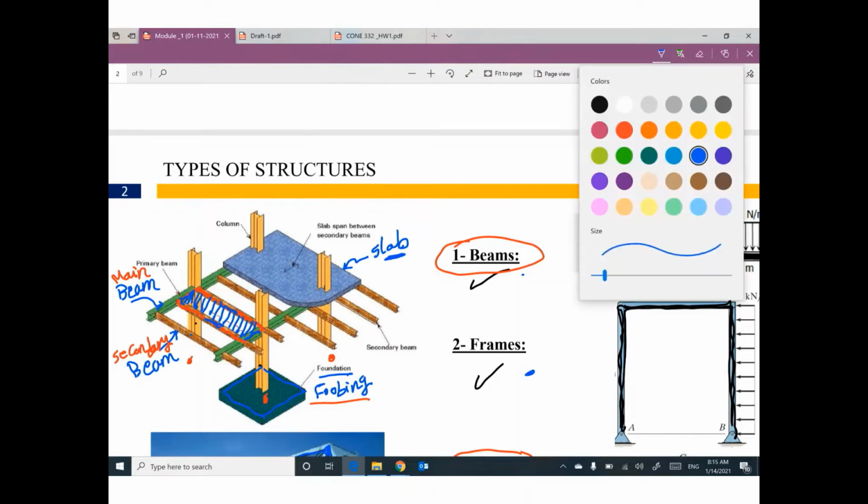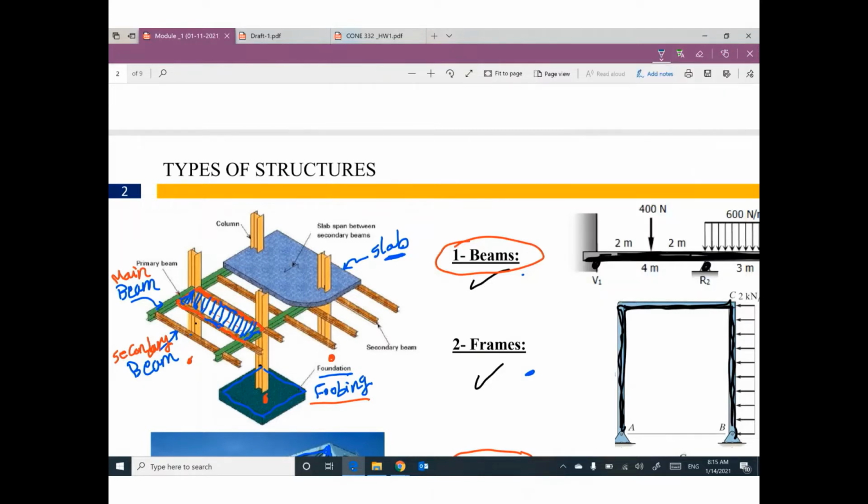What do you think? Is this slab supported by the four beams or only two beams? And which two beams? Is the slab between the four beams supported by the brown ones or the green ones or all of them?